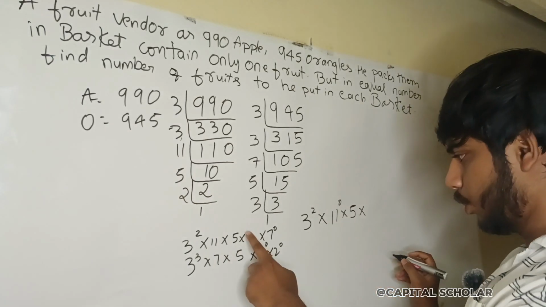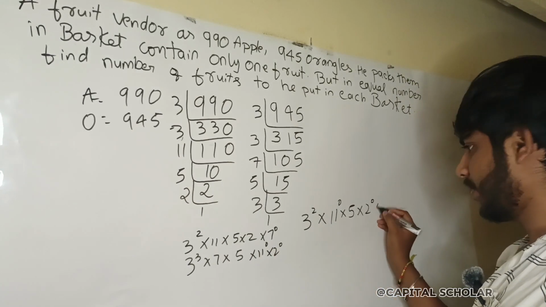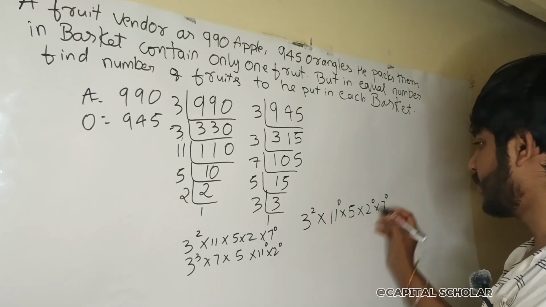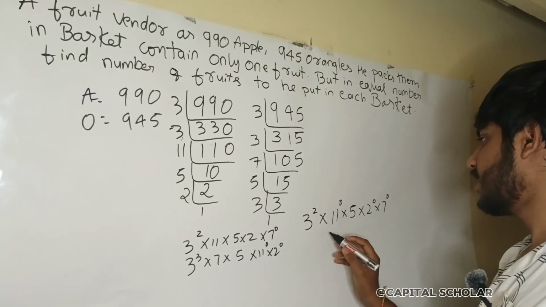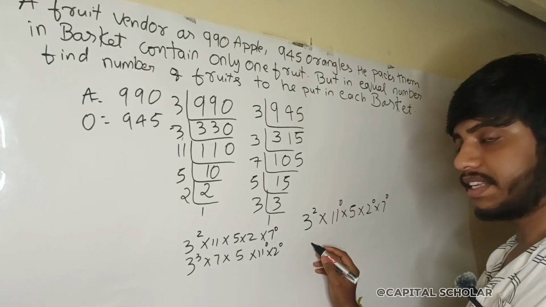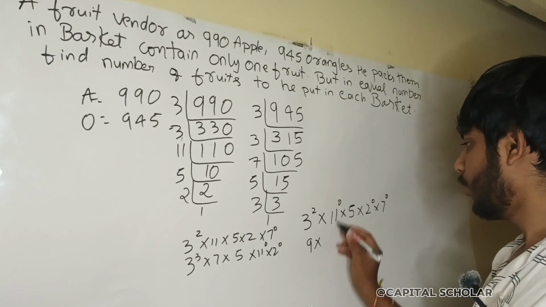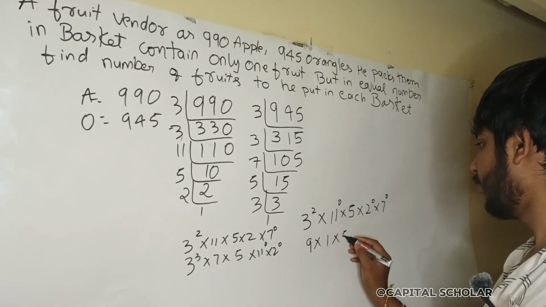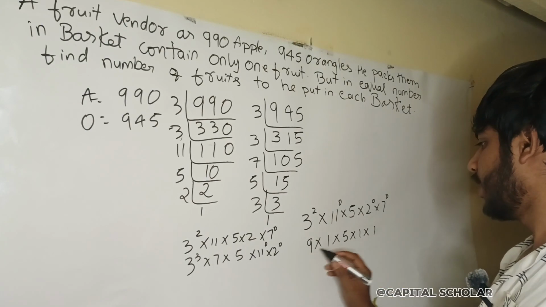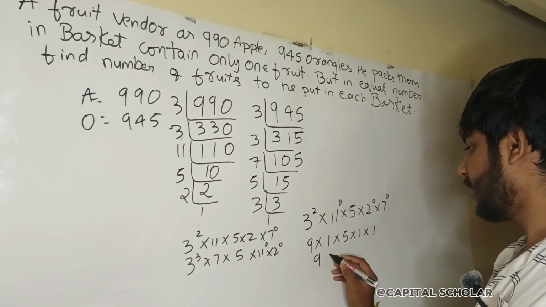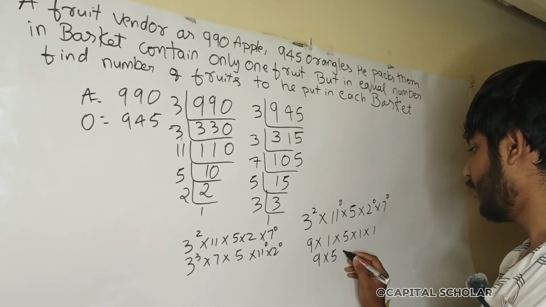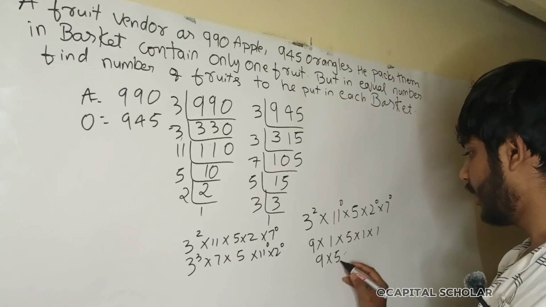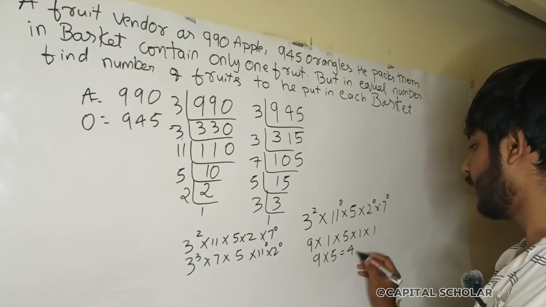Okay, in 2, which is lowest? 2 to the power of 0. In 7, which is lowest? 7 to the power of 0. If we calculate this, 3 3s are 9 into 11 to the 0, 1, into 5 into 1 into 1. 9 1s are 9, 9 into 5, so 9 5s are 45.